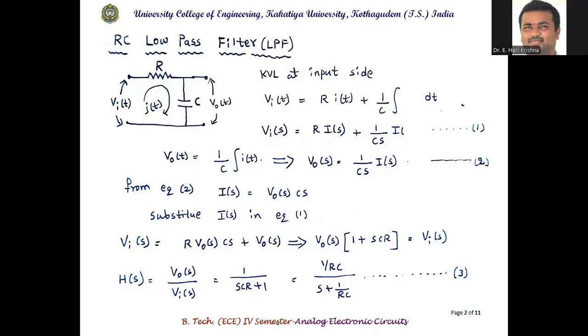In general, the transfer function contains a numerator and denominator. If we equate a numerator polynomial to 0, it gives roots of the polynomial, those roots are called zeros of the transfer function or zeros of the system. Similarly, if the denominator polynomial is equated to 0, roots of the polynomial are called poles of the transfer function.